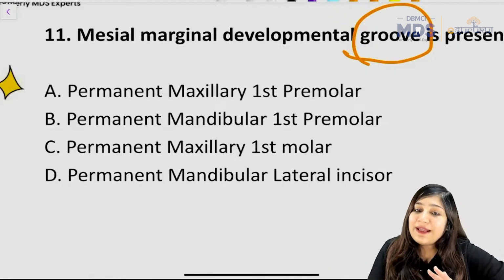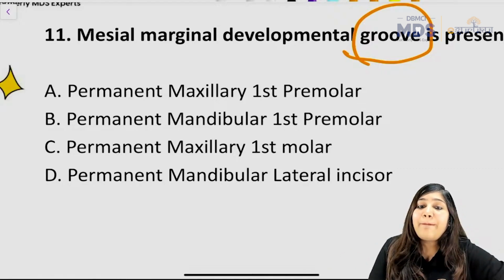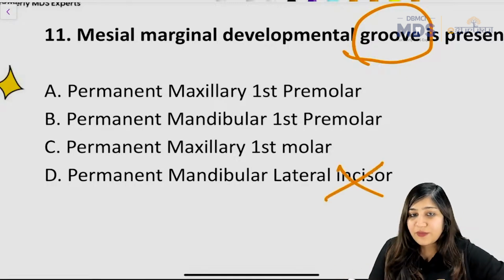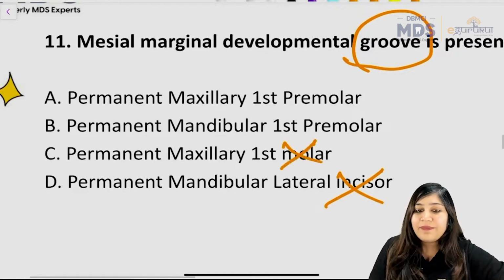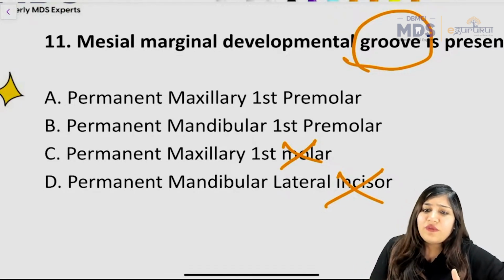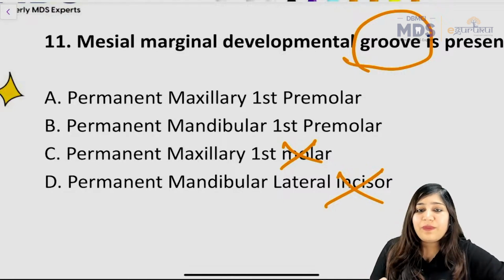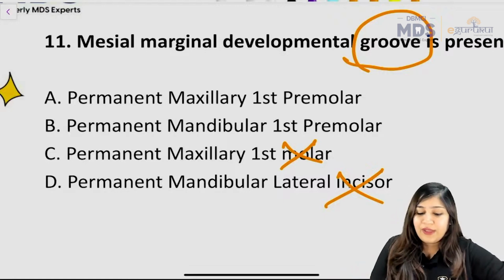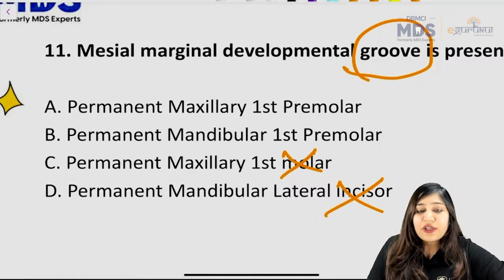Usually, permanent maxillary lateral incisor has a palatoradicular groove. So this is not the correct option. Maxillary first molar has oblique ridge, transverse ridge, right? It has different types of grooves, mesiobuccal groove, distobuccal groove, central groove, but not a characteristic mesial marginal developmental groove. So this is also not the correct option.